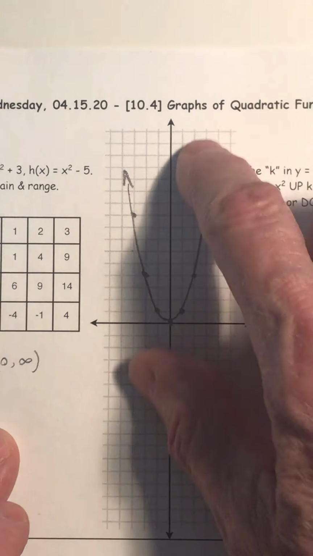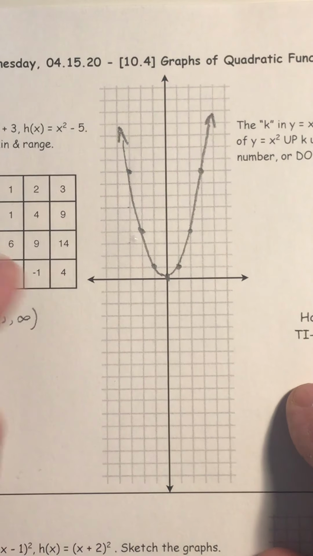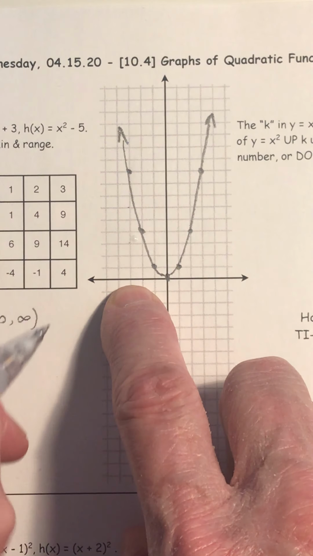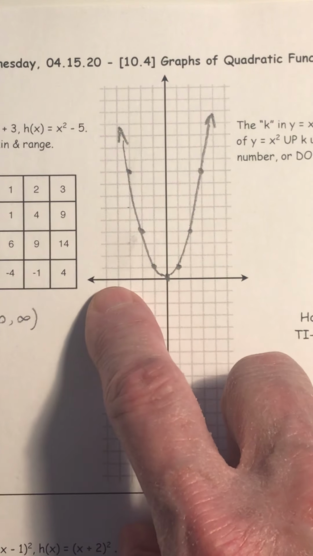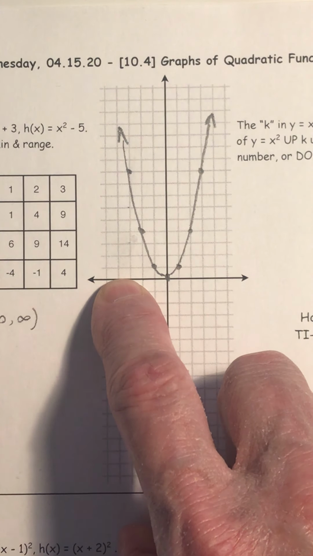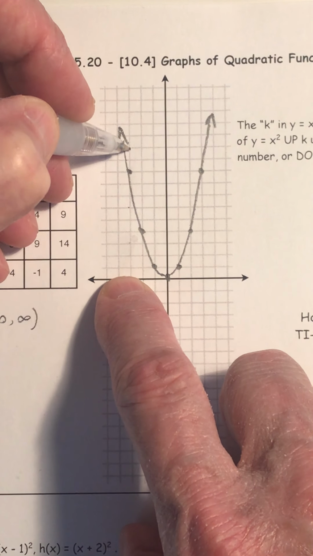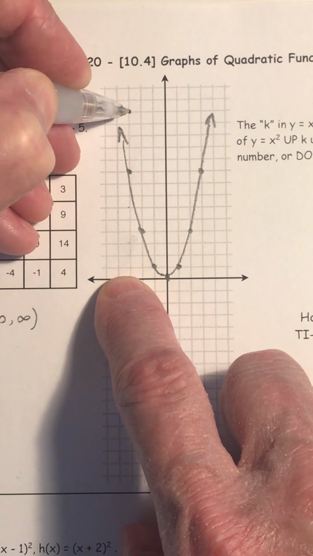Now, I can only show this and a little part of the table in the camera at once, but at negative 3, the table says, negative 3, we'd square that and get 9 and add 5 and get 14. So at negative 3, instead of 9, we're up here at 14.